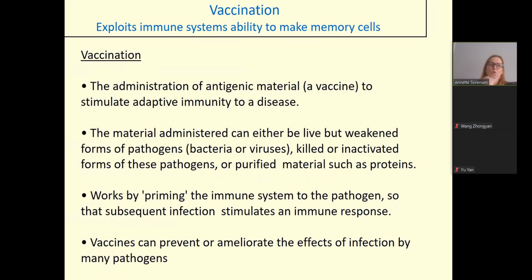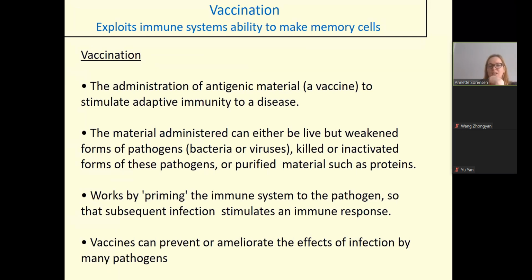Obviously, that is what you're exploiting with vaccination. With vaccination, what you do can be different things. We're not going to talk too much about that today, but what you inject the person with could be a live or a weakened form of a pathogen.